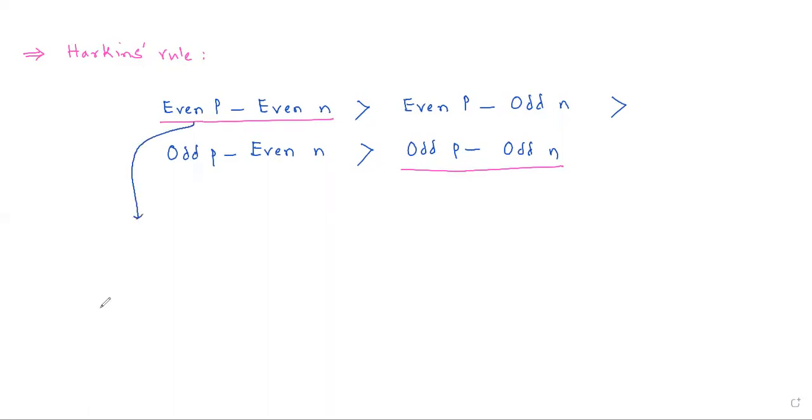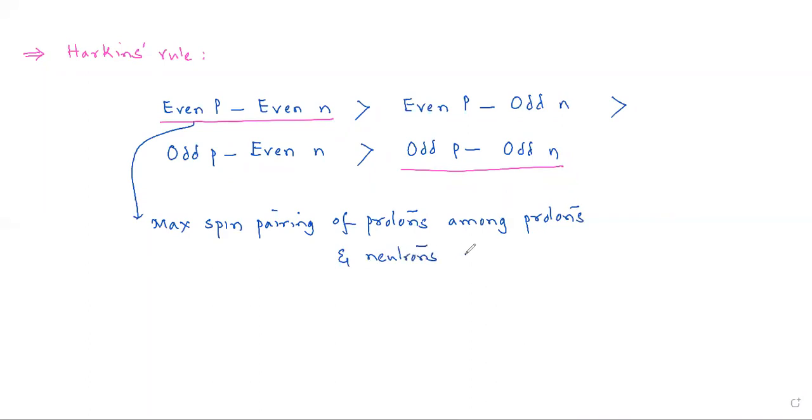See, in nuclei having an even number of protons and an even number of neutrons, stability will be more because of maximum spin pairing of protons among the protons and neutrons among the neutrons.